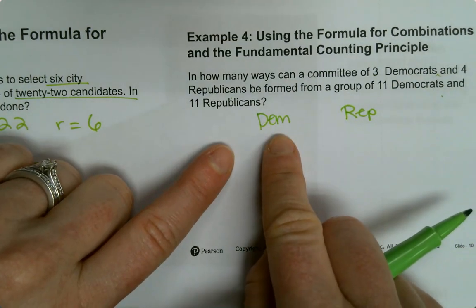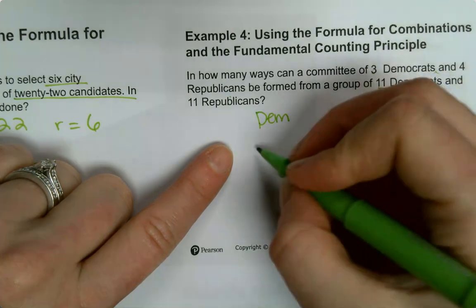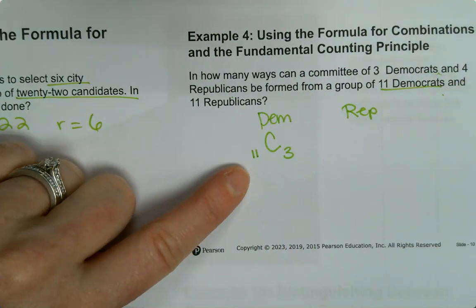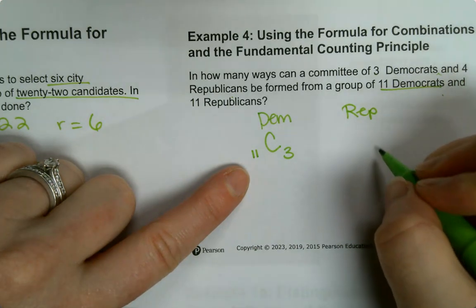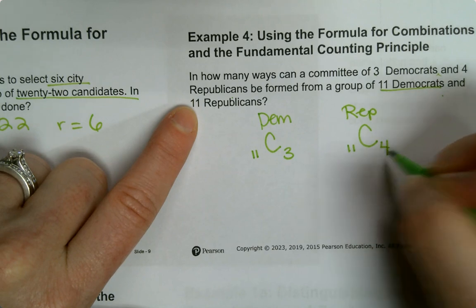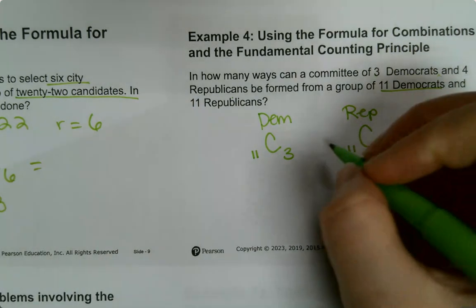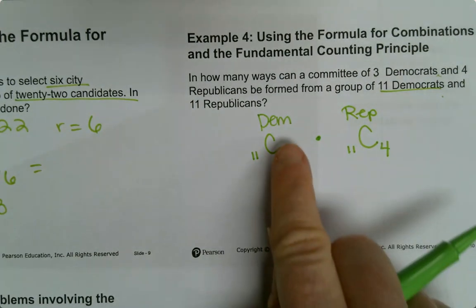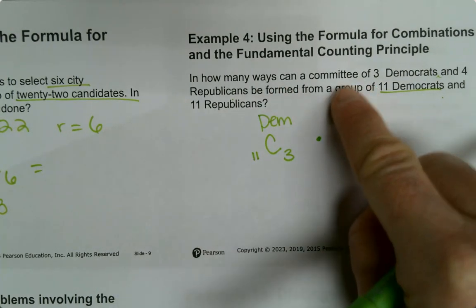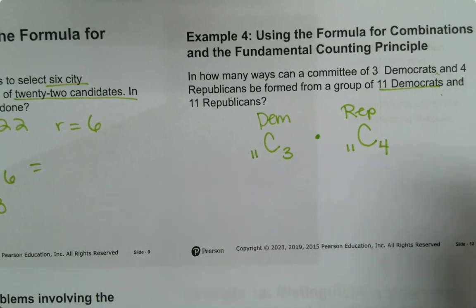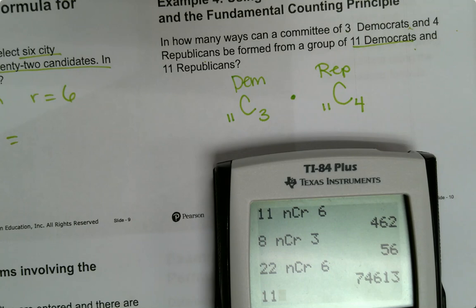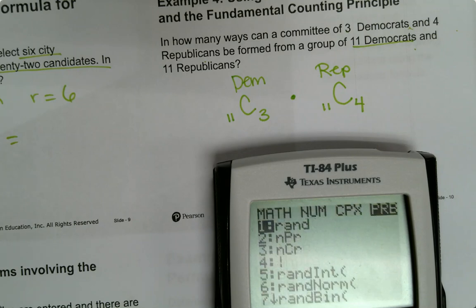We have 11 Democrats and we're choosing a committee of 3. Then we have 11 Republicans and choosing 4. So we can multiply these because we're finding out how many different committees can be formed for Democrats and for Republicans. So I'm just going to find what each one of them is and then multiply them.